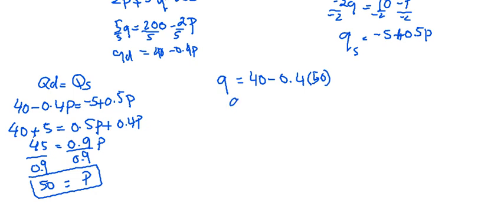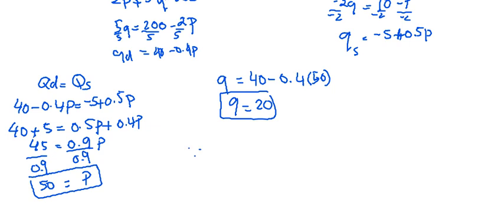You get 40 minus 20, which is equal to 20. So I got that Q is equal to 20.